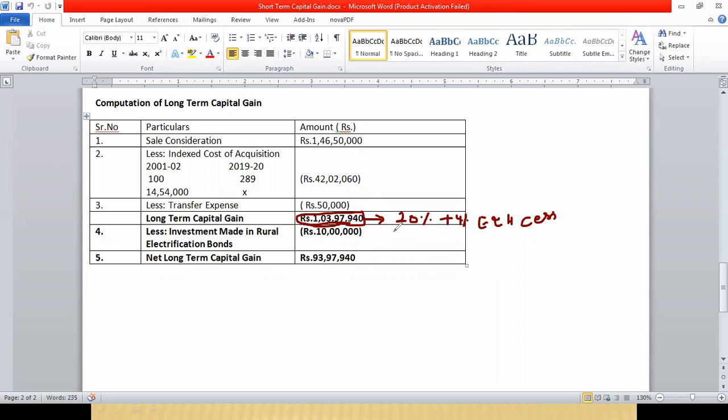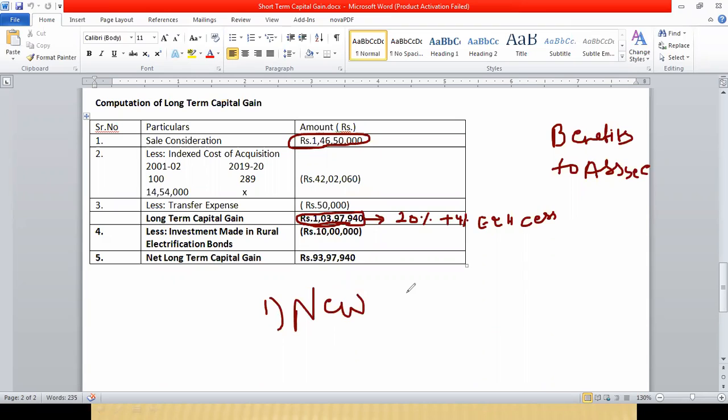Okay. Now, for avoiding that, income tax has given various benefits to the assessees, known as deductions from capital gain. So the Income Tax Act says that if you use this amount of consideration for making investment in a new house property, there are various options available.